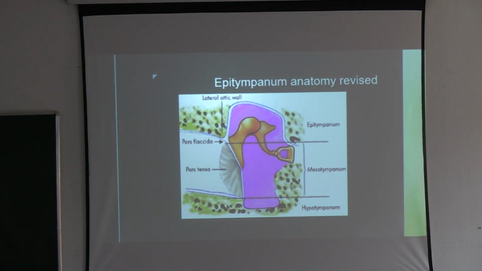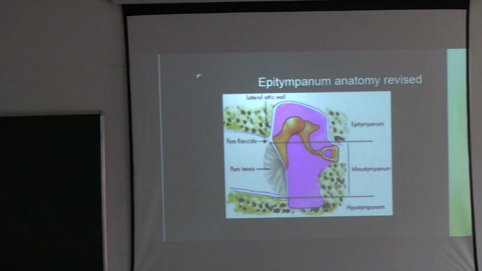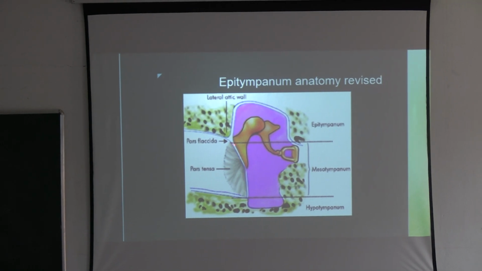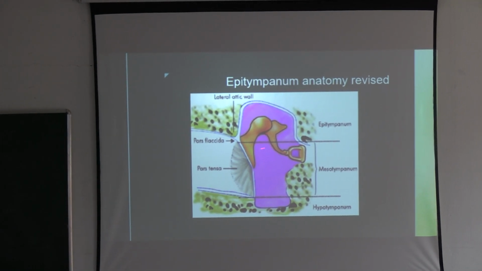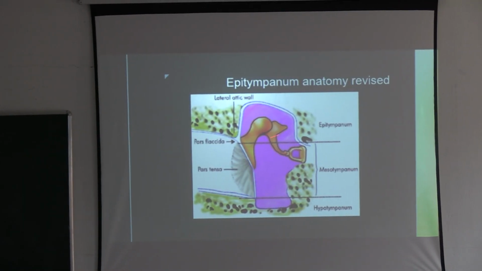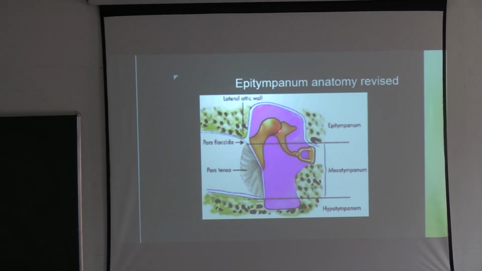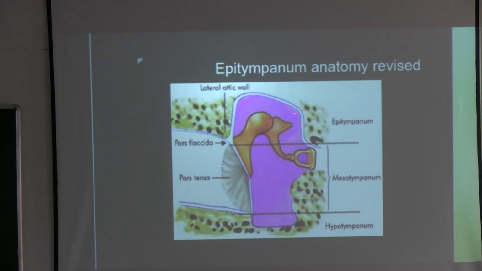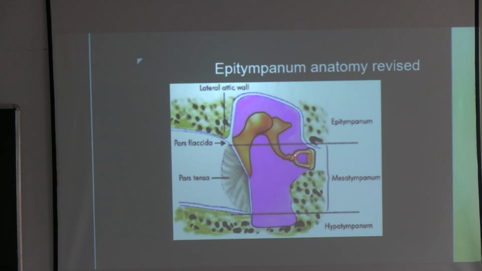Now to recapitulate the middle ear cavity, there are three components: epitympanum. Epitympanum means above this line, where the handle of malleus, head of the malleus and body of the incus lie, and this part is called mesotympanum and this is hypotympanum.